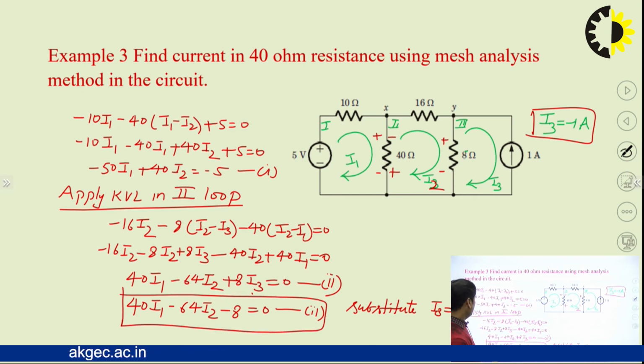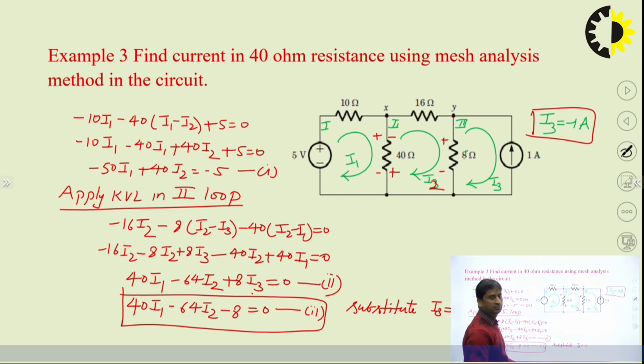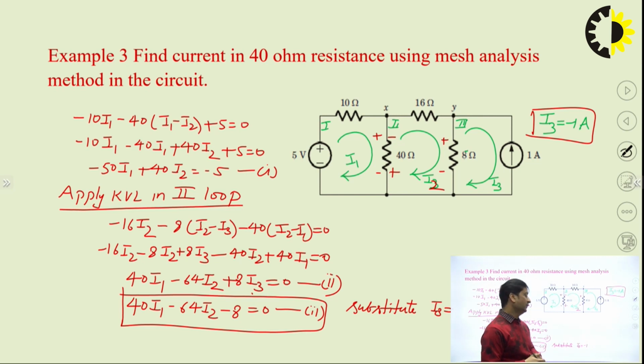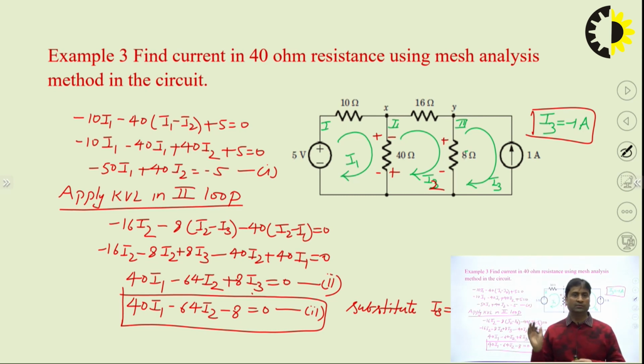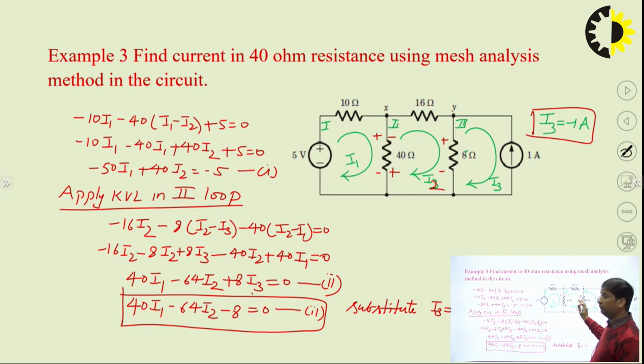So now we have two equations, 1 and 2, two equations, two variables, so we can solve it accordingly. So this is the method or the procedure to solve such a network. Once we have the values I1, I2, I3, we can calculate the current in every branch.